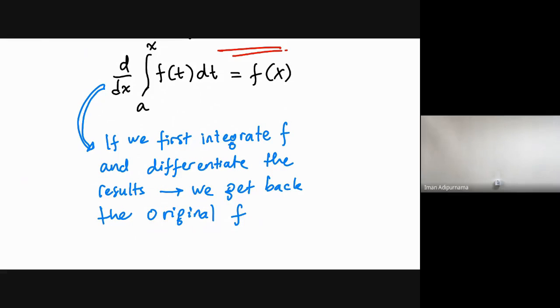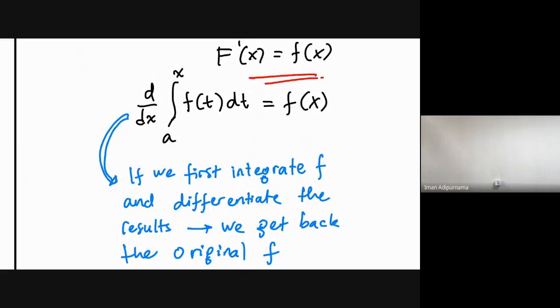So you integrate, then differentiate. Basically, if you have d/dx as your differentiation and you put it before the integration, you are canceling the two, and the answer will be the original function f, which is f(x).